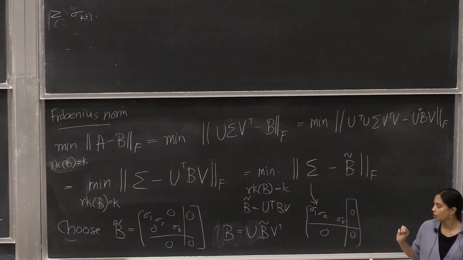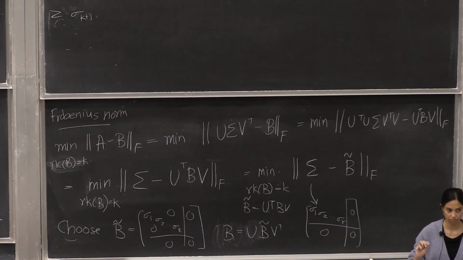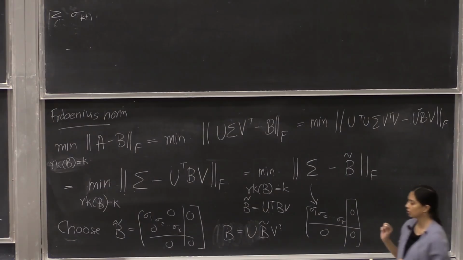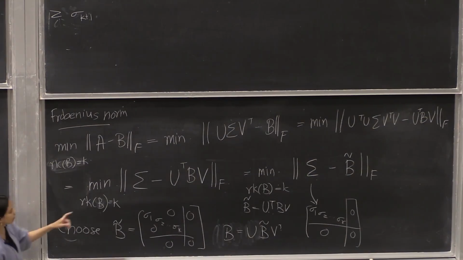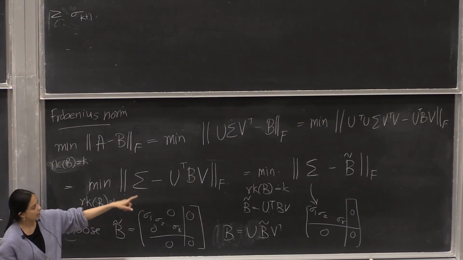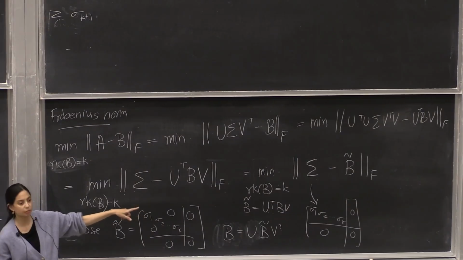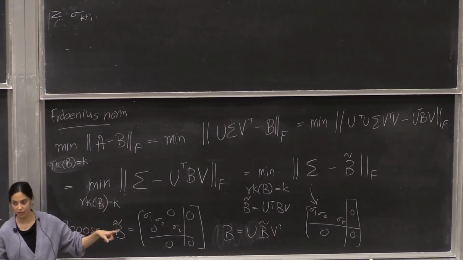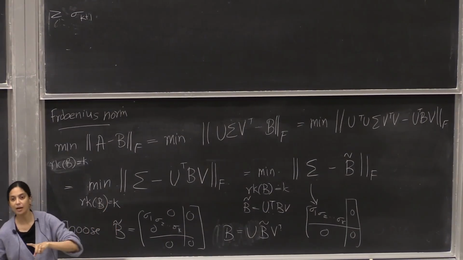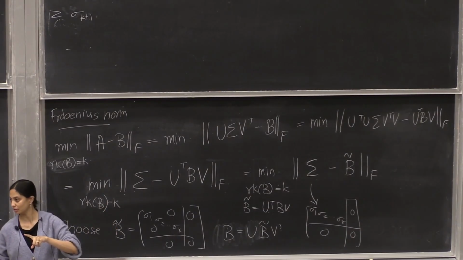But now, remember that we have a rank constraint on b. And so what we're saying is that we want to have a rank constraint on b, and we want to be able to re-express it in terms of u transpose bv, and have that end up be a diagonal matrix.